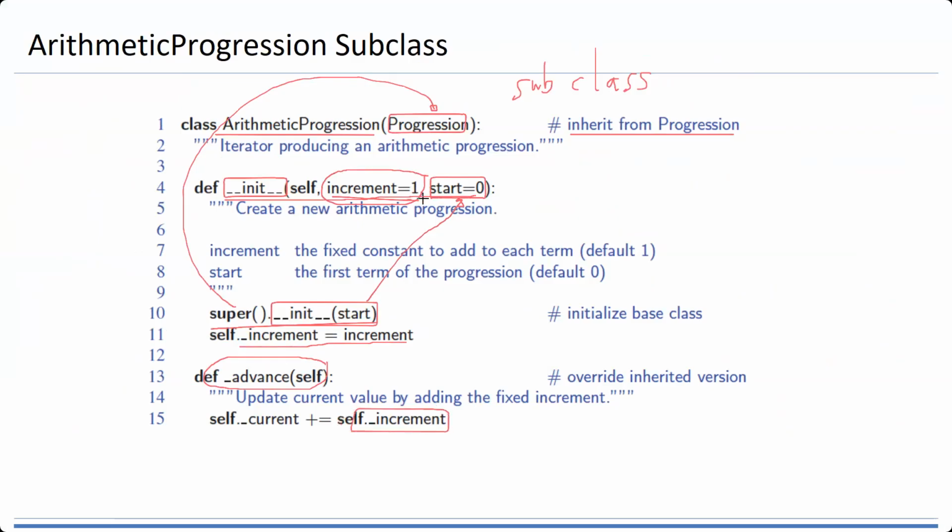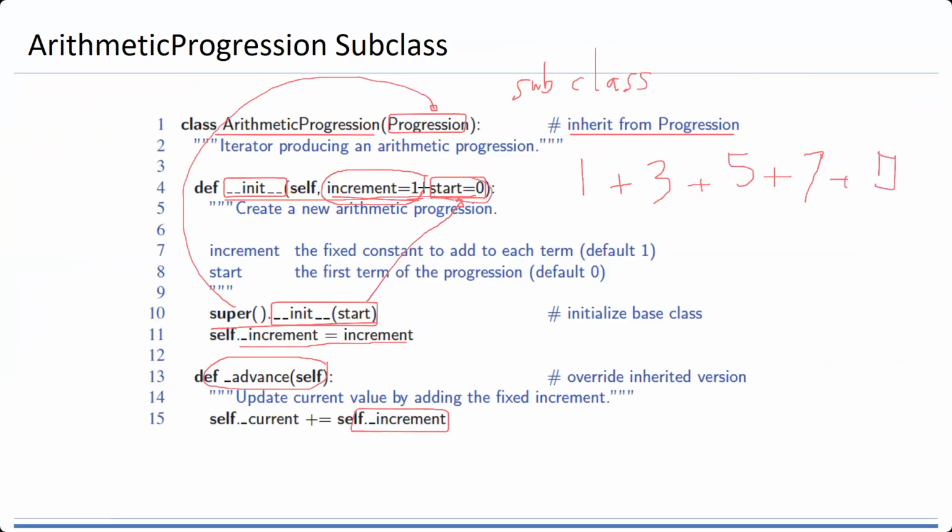If the increment is 1, then I will increment by 1. If the increment is 2, then after I have 1, it will be added by 2, added by 2, added by 2, or something like this.